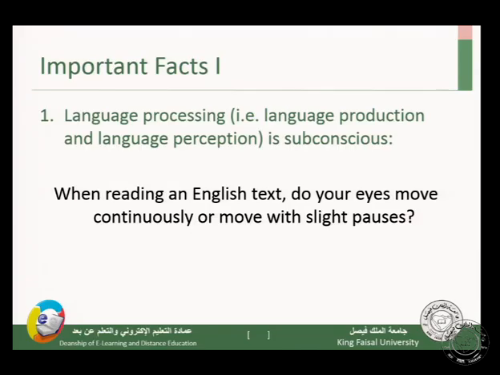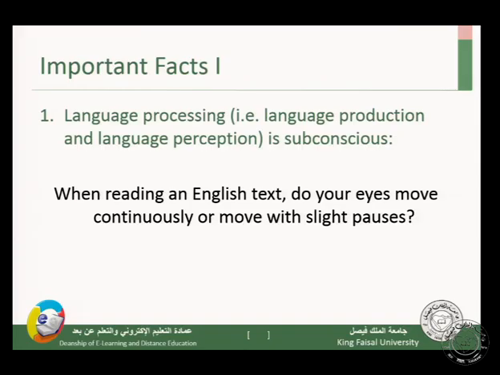So I'm asking this question, try to answer it. Do my eyes move continuously without any pauses? Or do they move, pause, then move, then pause? It is either of the two. Either your eyes move continuously, or they move and keep pausing.